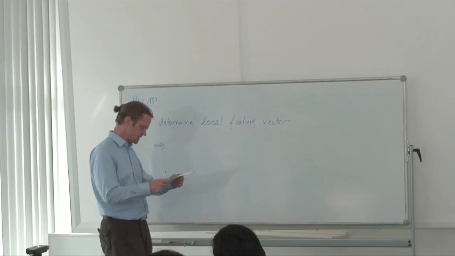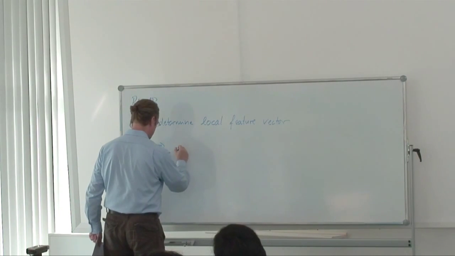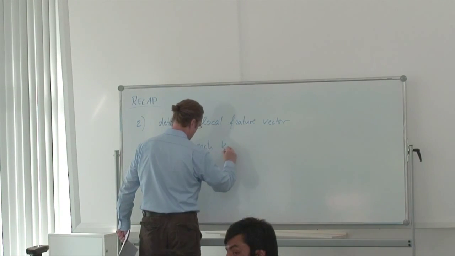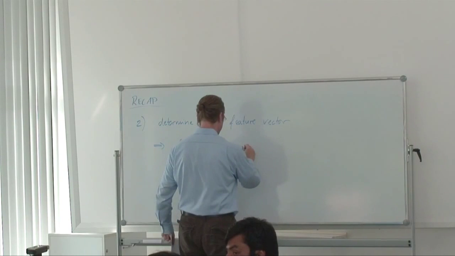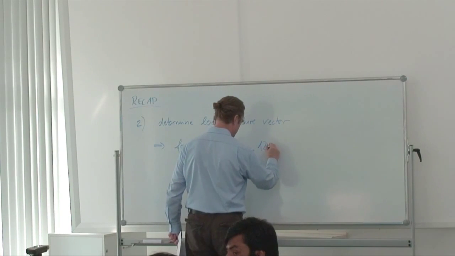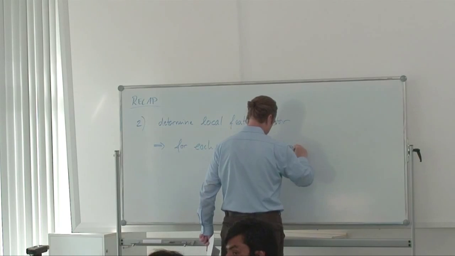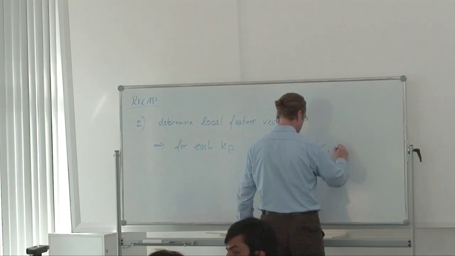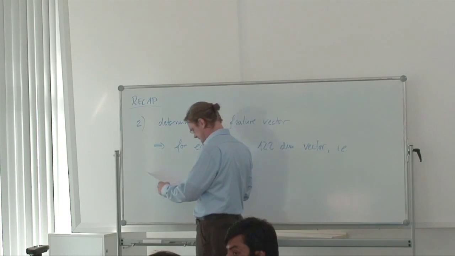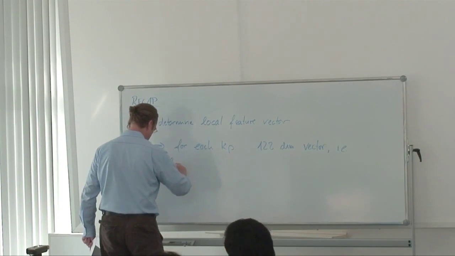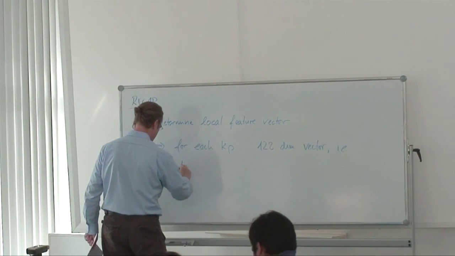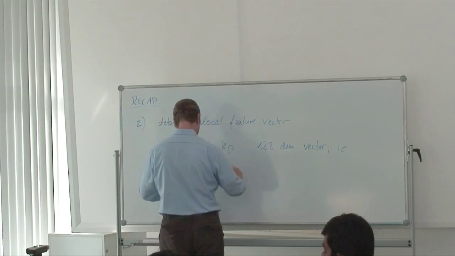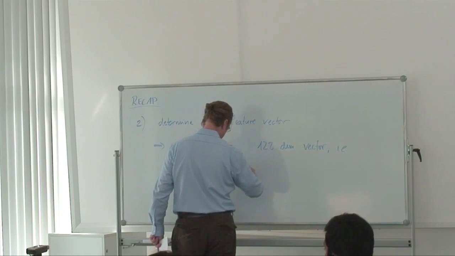Now, I'm not going to repeat this, but what we end up with is that for each key point there will be a 128 dimensional vector, that is to say a histogram of 128 bins, a histogram of relative local gradient directions.